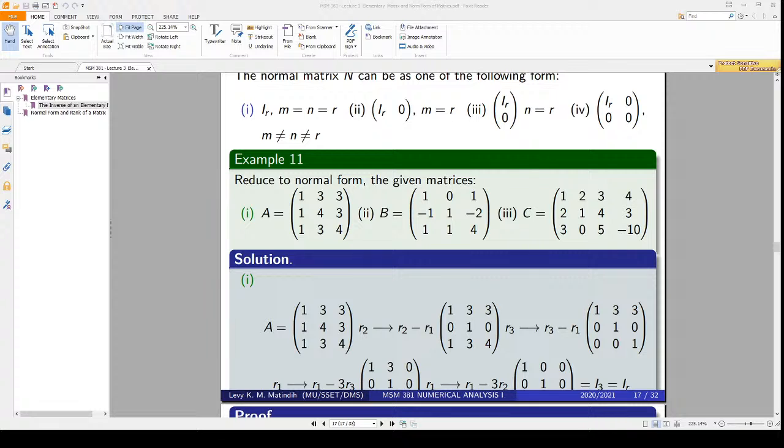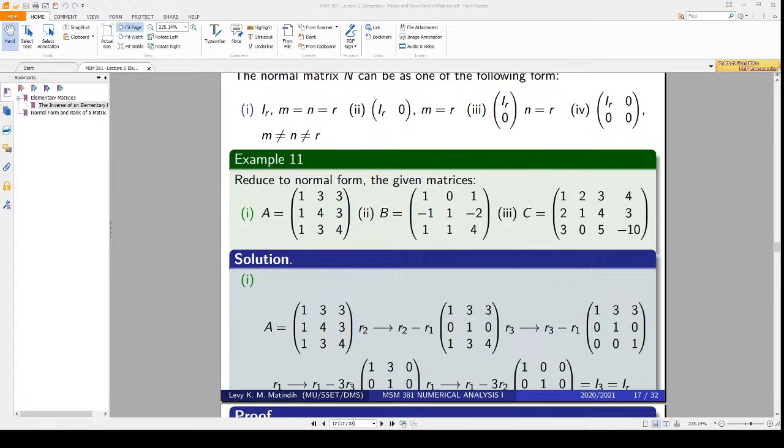Sometimes you find that you've not yet reached your normal form, so you can revert again to row operations. It's a sequence, and they can alternate: row operations, column operations, row operations, until you arrive at the normal form of the given matrix.